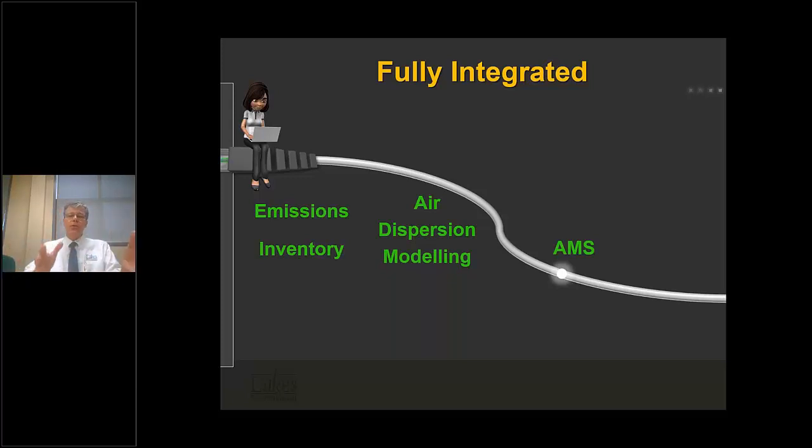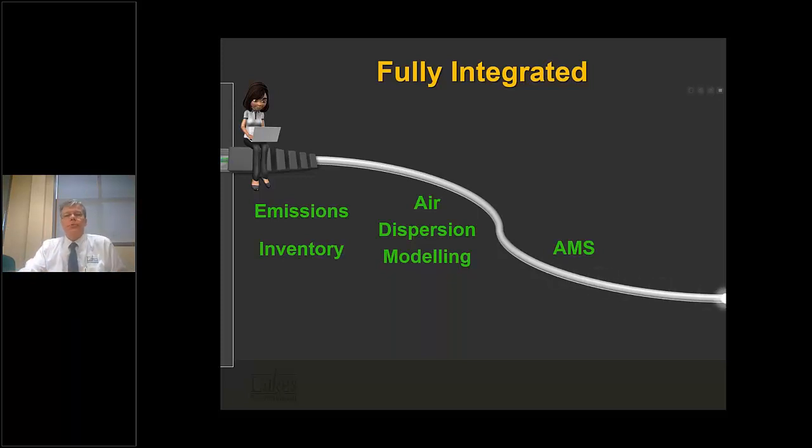We can handle a single monitoring station, or we can support 1,000 of them. We can go as far as conducting automated comparisons between the dispersion model and the concentrations at the monitoring stations. This way, we have knowledge, for example, if the emissions inventory is off by too much or too little.